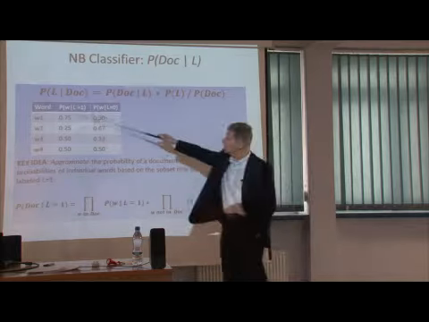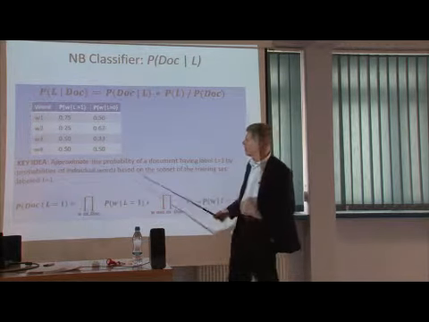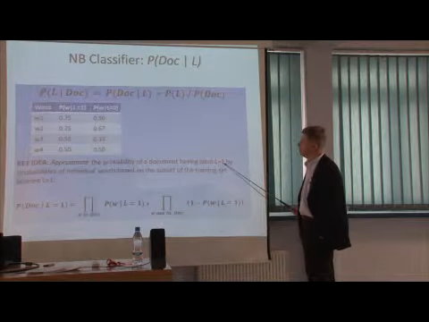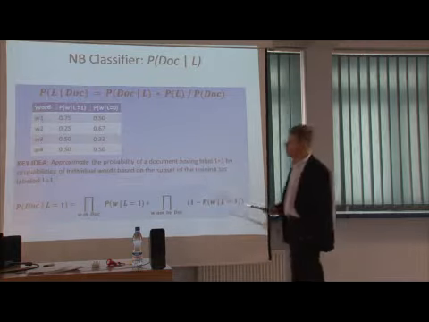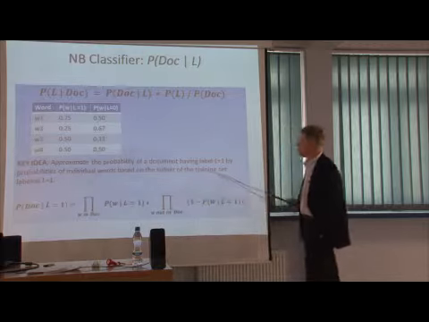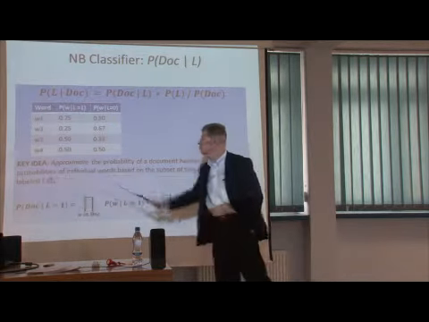So here we have the table of probabilities that you have seen previously, and now we can approximate the probability of a document having label 1 by probabilities of individual words based on the subset of the training set which has label 1.